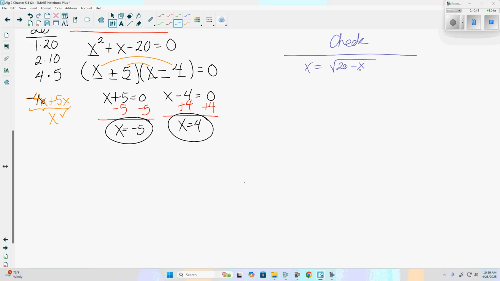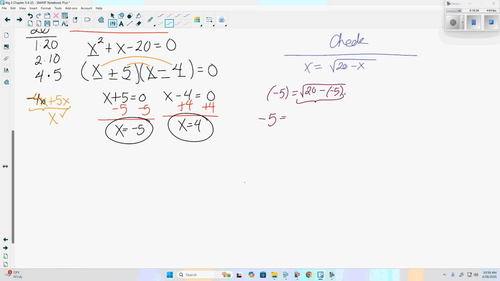Because if we look at negative 5, we'd have negative 5 is equal to the square root of 20 minus negative 5. Our negative 5 on the left side of the equal sign is just going to be negative 5.